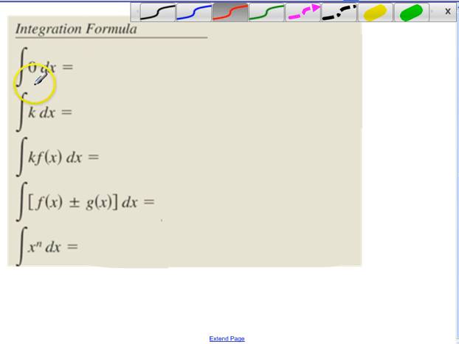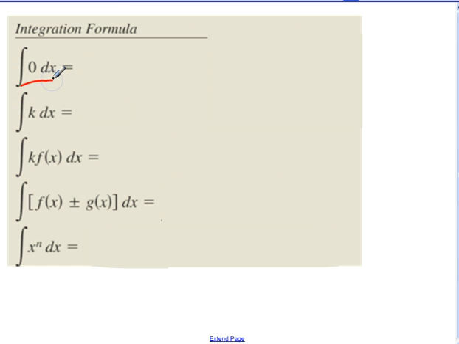The very first one is the antiderivative of 0 dx. And what I want you to do is think like Jeopardy. What type of problem would you take the derivative of and get 0? So when I think about that, I think of a lot of different ones. I could do the derivative with respect to x of 7, and I would get 0.